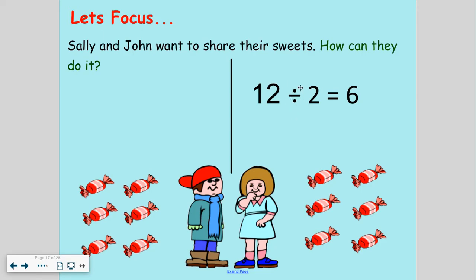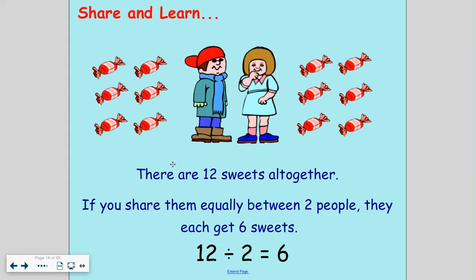Today, it means shared between so many groups. 12 divided by 2 gives us 6. There were 12 sweets altogether. If you share them equally between 2 people, they each get 6 sweets.